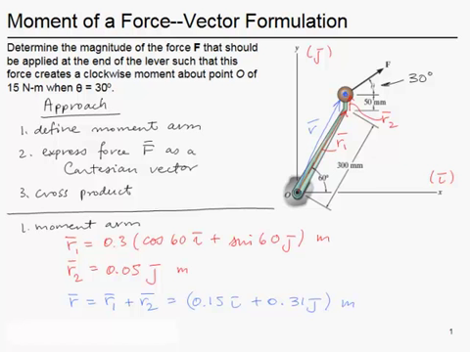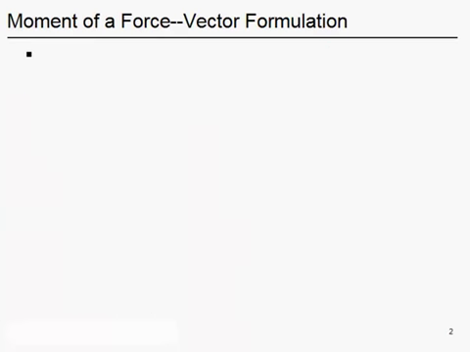Now that we have that, we can go on and do step 2, where we express the force as a Cartesian vector. Okay, so here's step 2. We're going to express the force. Our Cartesian vector for force is going to have a magnitude, F, and then a unit vector, which indicates its direction.